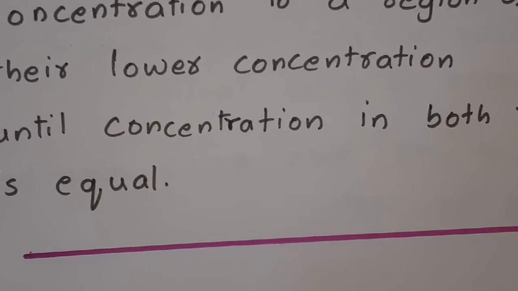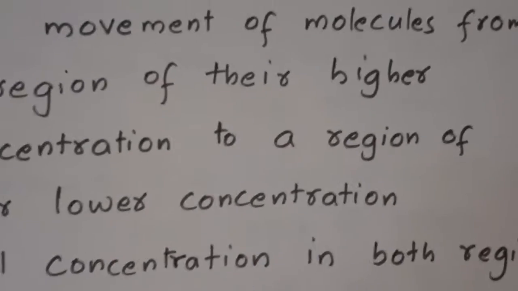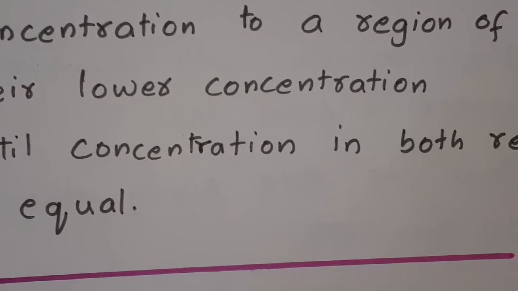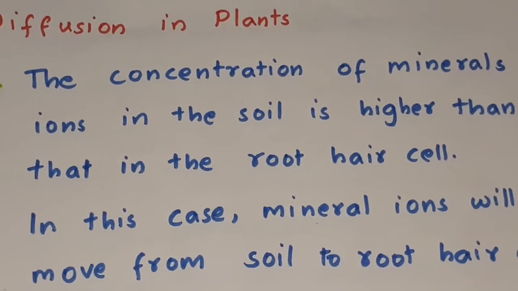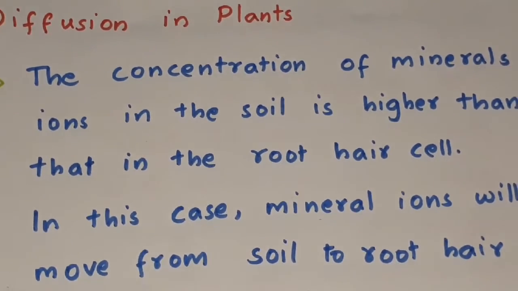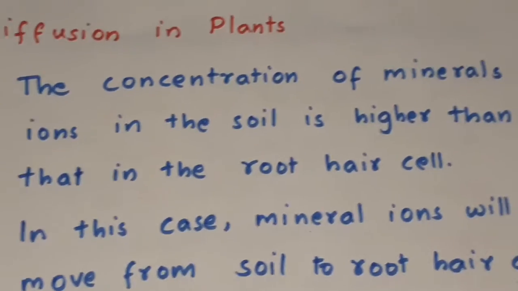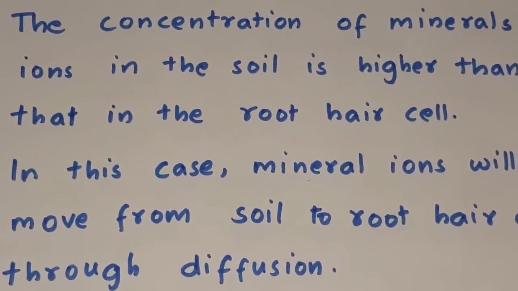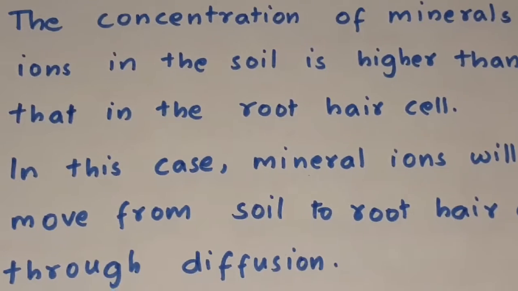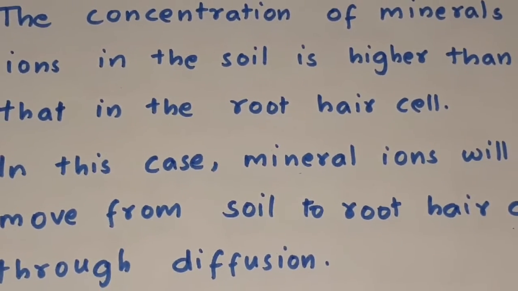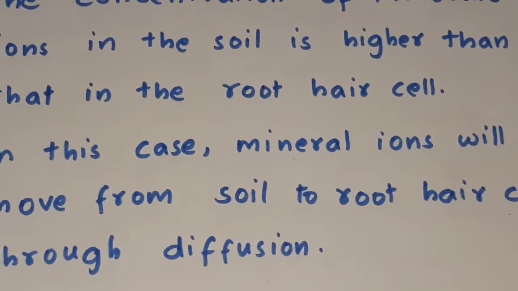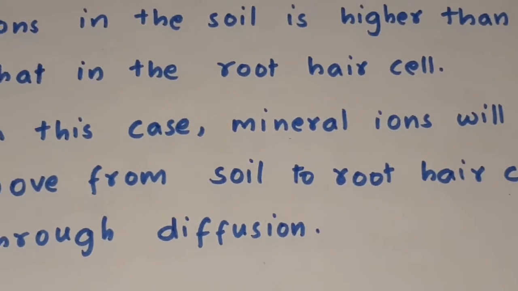The movement of molecules from a region of higher concentration to a region of lower concentration until the concentration in both is equal. Now we'll see how this diffusion takes place in plants. So you see, the concentration of mineral ions, ions meaning after dissolving in water they become ions, in the soil is higher than in the root hair cell.